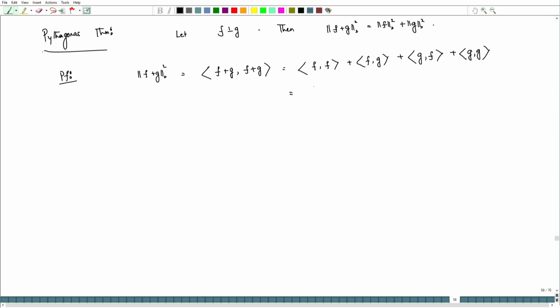The cross terms vanish, and this is simply norm of f square plus norm of g square. Okay, so everything fits with whatever we have learned in the Euclidean setting and the inner product in linear algebra. So this space has an inner product which is given by this.